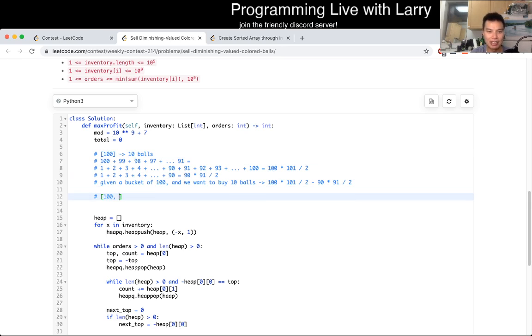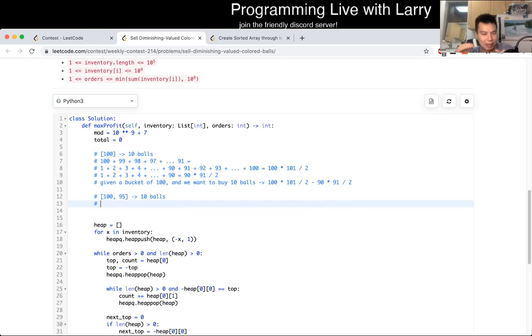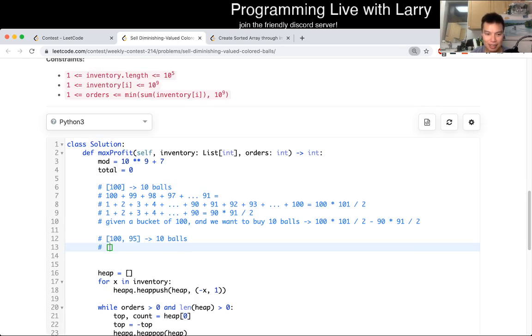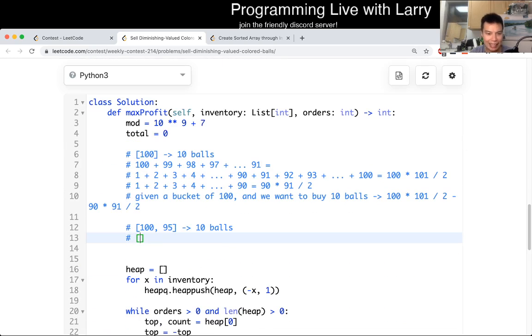But then the second question is, how do you do, let's say, 100 and then 95, and you want 10 boards? Well, eventually we're going to have to massage the math, but that's another case. Let me make this a little bigger. We know that the second state that we want to get to is 95, 95, because at that point we want to sell the 95s together, right? So this will take 5 boards left. So this is the reduction.